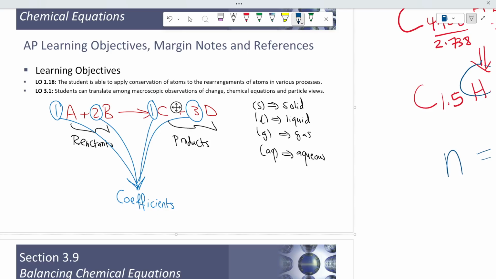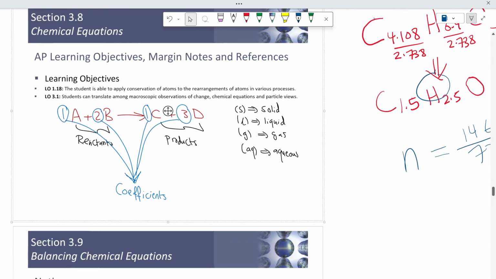It's similar to subscripts. So don't forget, coefficients represent the mole ratio. When I say A plus 2B, it means 1 mole of A to 2 moles of B. 1C and 3D, 1 mole of C to 3 moles of D. We have an arrow between them. On the left side you can find the reactants, and on the right side the products.